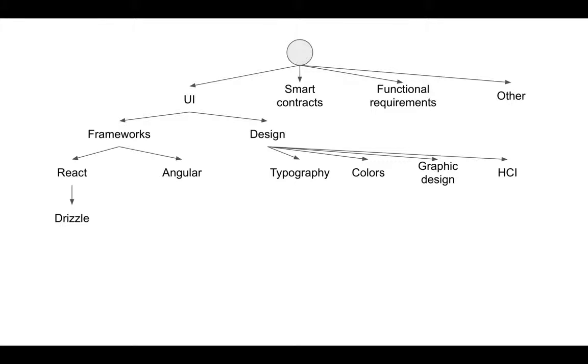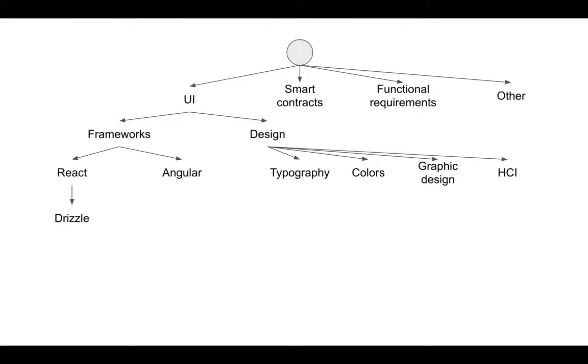First of all, you could improve the UI by using frameworks like React and Angular. These are 2 frameworks that are used in the industry to develop real web applications. So recruiters and potential freelance clients may look for people that not only have knowledge in creating web applications in blockchain and good knowledge of smart contracts in Ethereum, but also people who can integrate smart contracts with React or Angular for creating web applications.